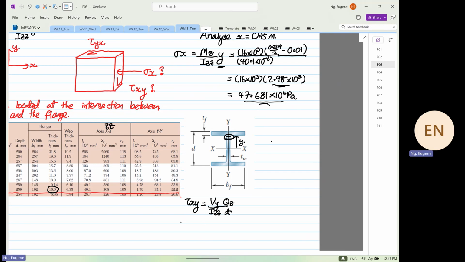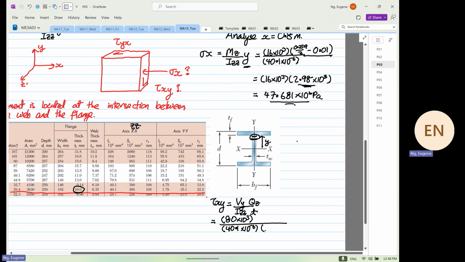So Vy is a straightforward part, Vy is equal to 80 times 10 to the power 3. The Izz is given over here, which is a blessing, 40.1 times 10 to the power minus 6. The thickness is the thickness of the web, which is 6.35 times 10 to the power minus 3.